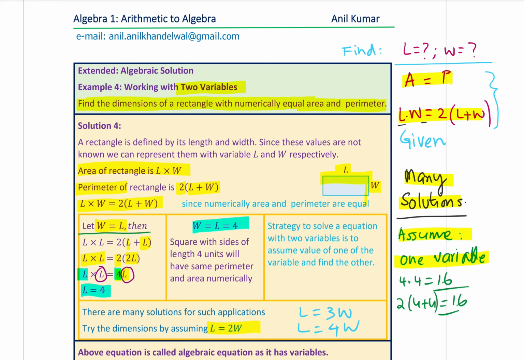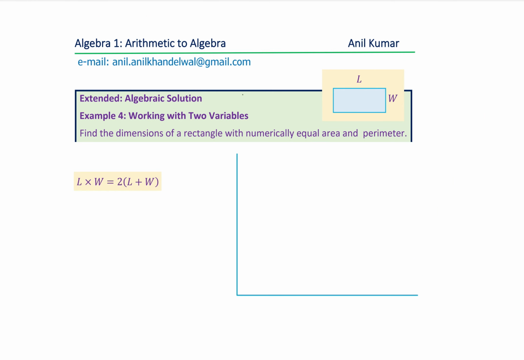Okay. Now, can you use a graph to find a solution to such situations? I'll leave that for you to explore. Okay, so here is an idea, which is the same question, example 4. We have to work with two variables. Find dimensions of a rectangle with numerically equal area and perimeter.